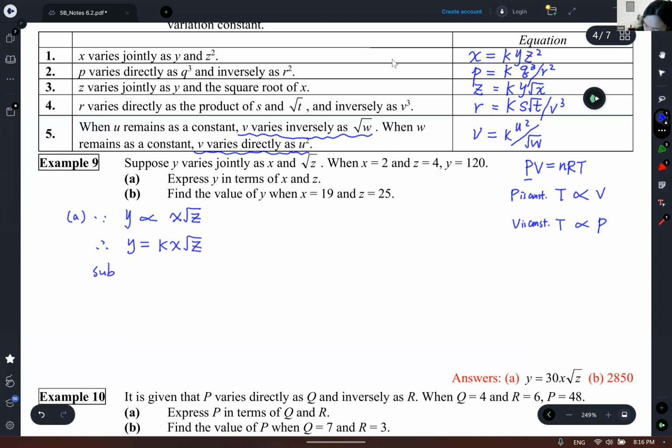And then I can substitute x equal 2, z equal 4, and y equal 120. I will get 120 equal k times 2 square root 4, and k will equal 30, and therefore the formula can be found.